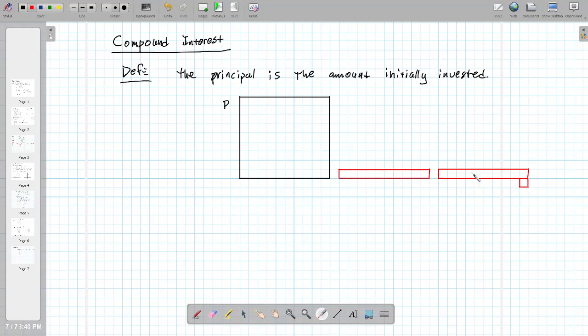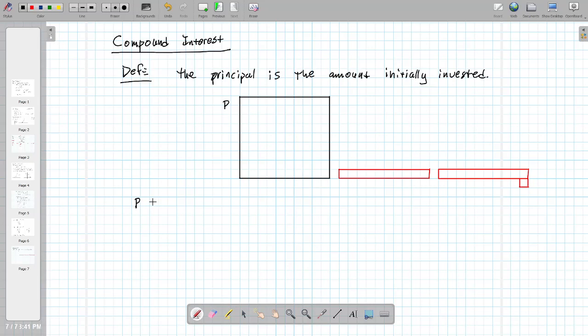So after each compounding period, we will be compounding more and more interest because our principal will be increasing multiple times. Let's try to look at this mathematically now, and we'll see if we can get a formula for this. Let's say that we have our principal, and we're looking for our future value here. We're looking for the amount after a certain number of compounding periods.